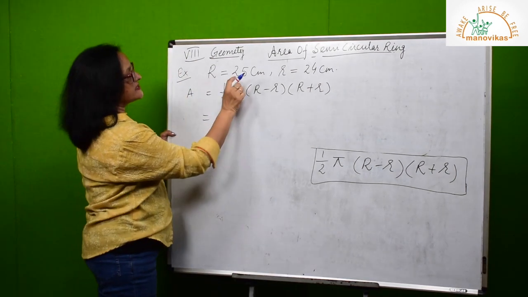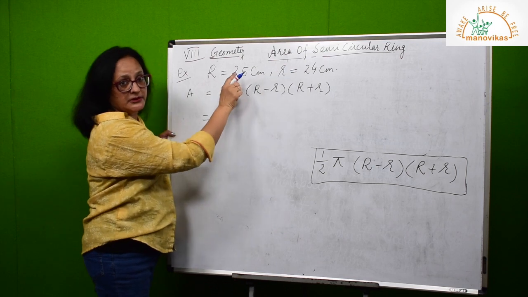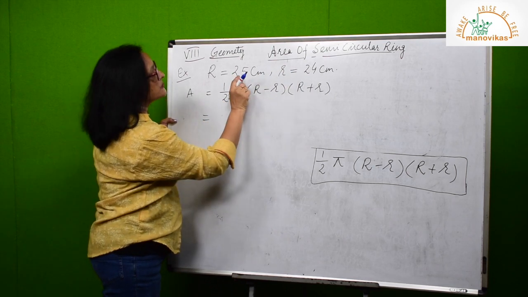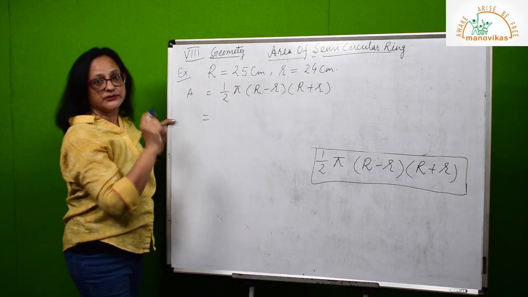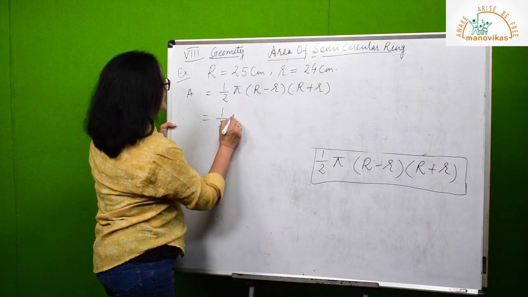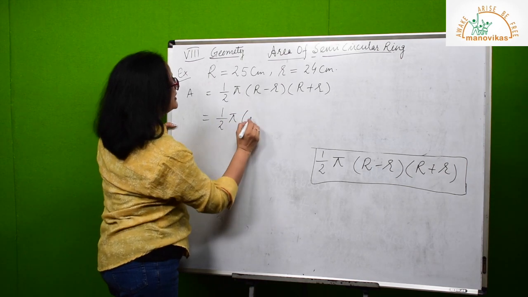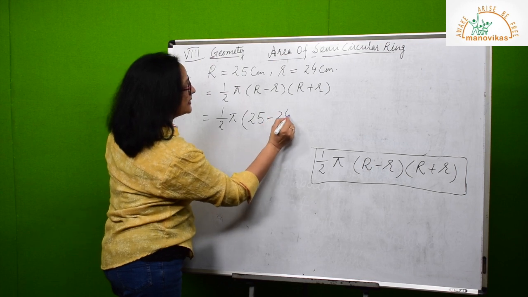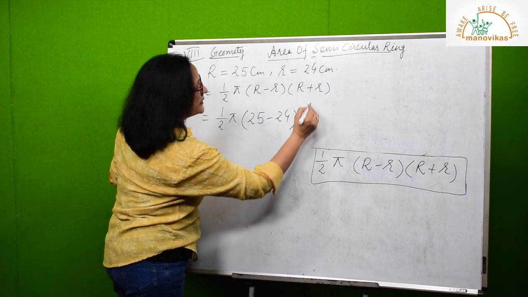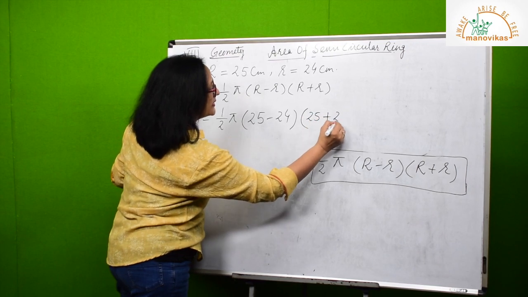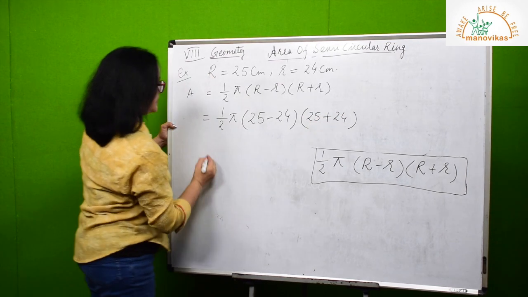Here you can see the numbers are bigger, 25 and 24. If we apply a square minus b square, you have to take 25 square and 24 square. But when we apply this identity, you can do the calculation mentally. So R 25 minus r 24, and R 25 plus r 24.